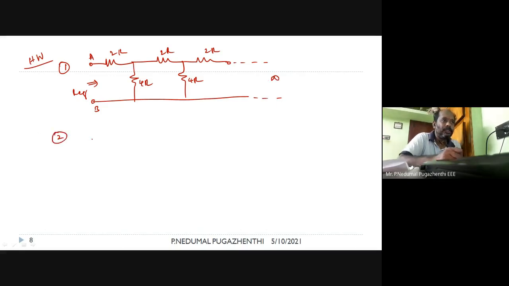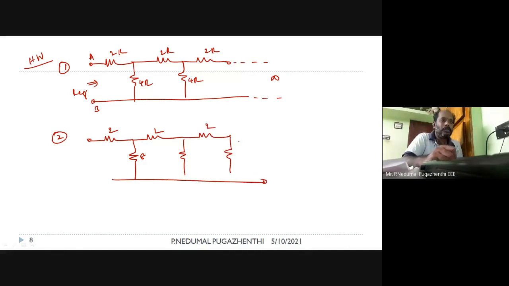Second question is, this is 2, this is 8, this is 2, this is 8, this is 2, and this is 8. Again, you have an infinite network. 8 ohm, 8 ohm, 8 ohm, 2 ohms, 2 ohms, 2 ohms.